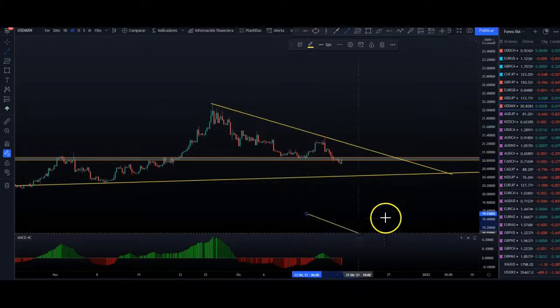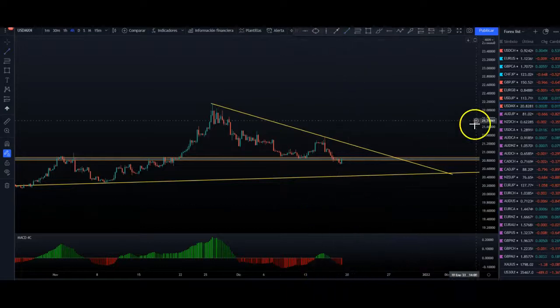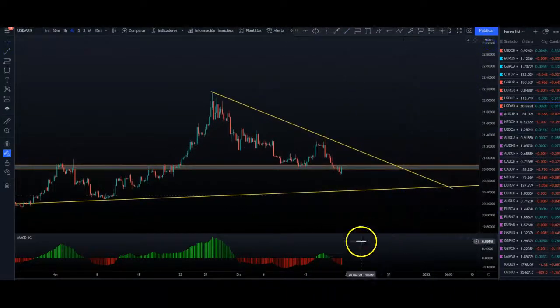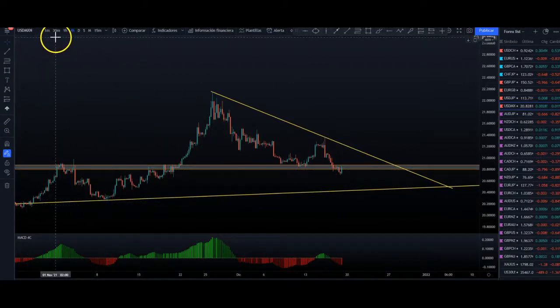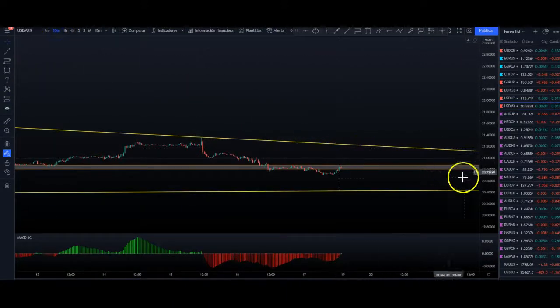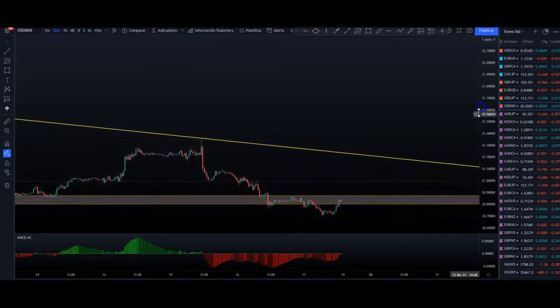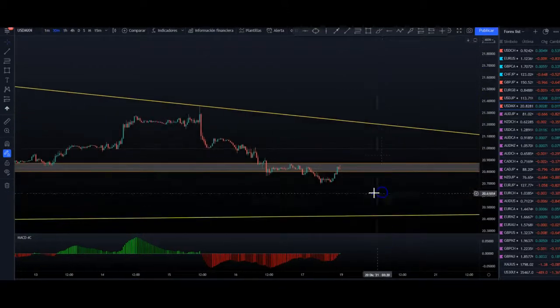Okay, and in the 4-hour we have a beautiful divergence already. We have a good nice candle right there, telling us that it is very possible that we're going to start trending up. Here's where you can go to the 30-minute or even 15-minute and start looking for trades.